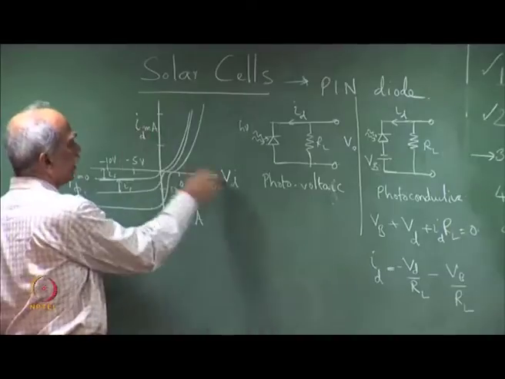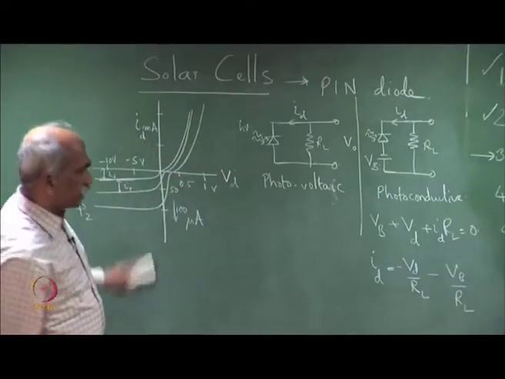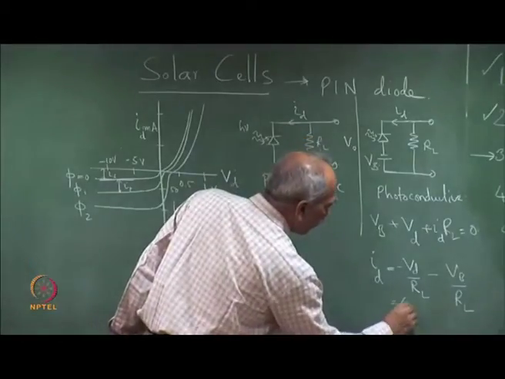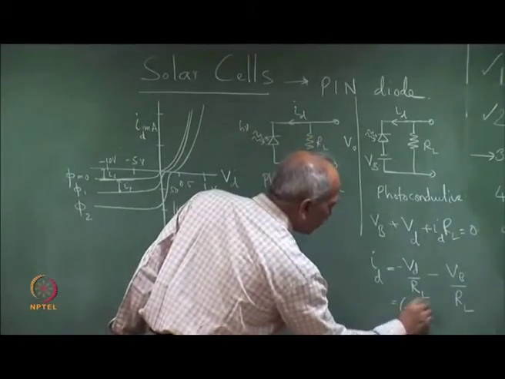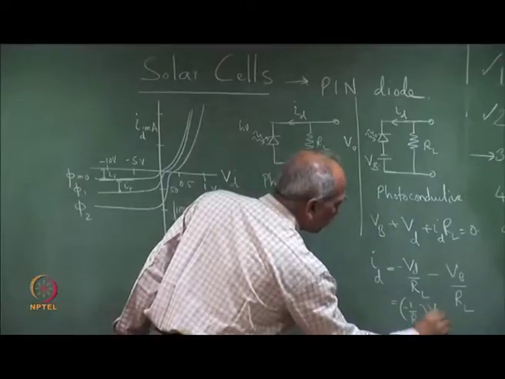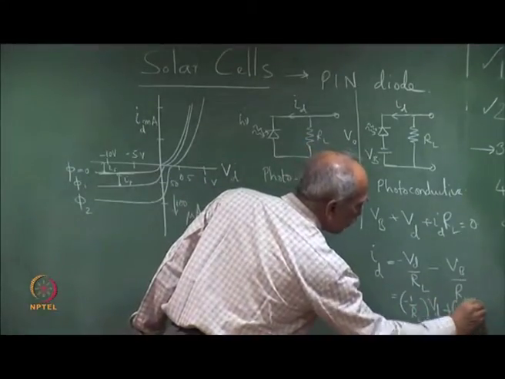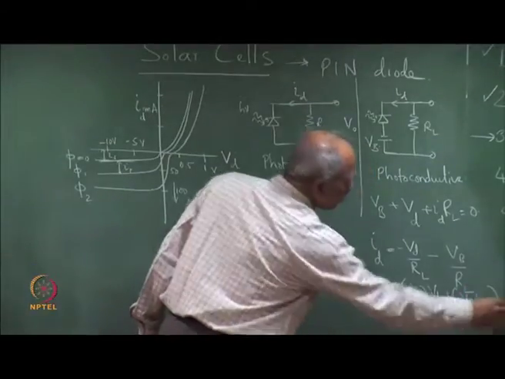So, this is I d and this is V d. So, this is the characteristic which simply says I d equals minus 1 over R L into V d, minus V b by R L.